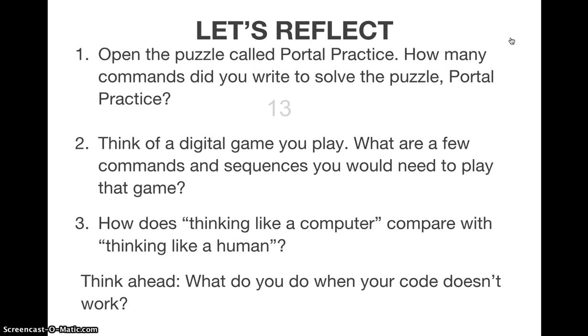Okay, if you said 13, you would be right. Move forward, move forward, move forward, turn left, move forward, toggle switch, move forward, turn left, move forward, collect gem.